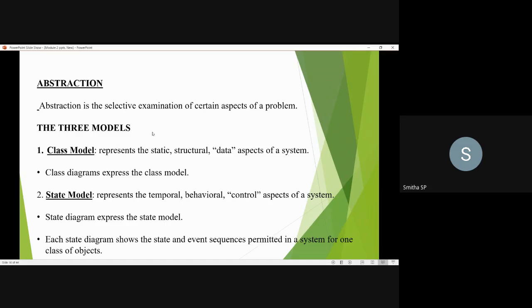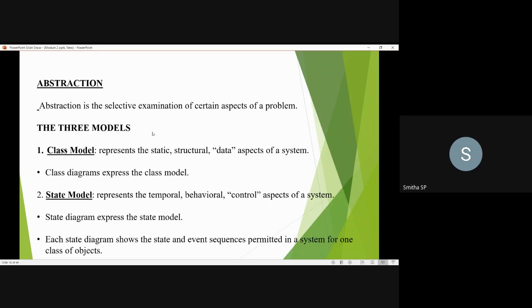Abstraction is the selective examination of certain aspects of a problem. The goal of abstraction is to isolate those aspects that are important for some purpose and suppress those aspects that are not important. So this is the main goal of abstraction.